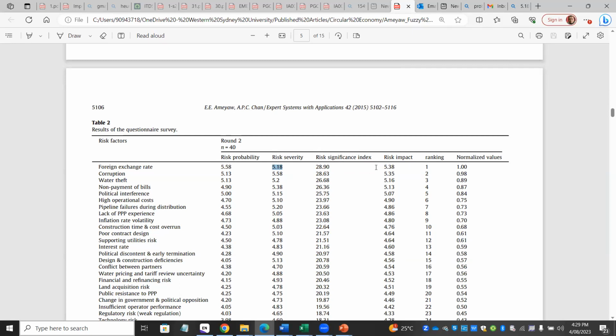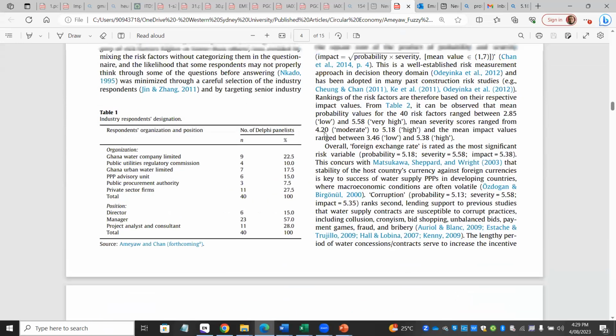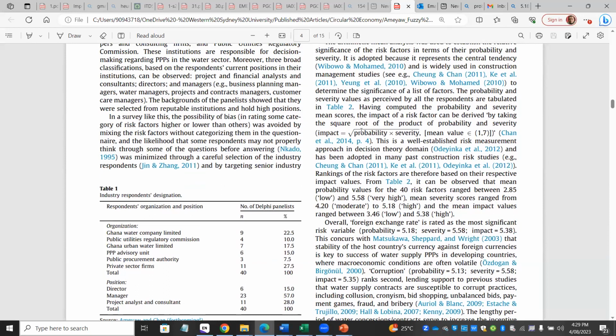To get a risk impact or risk score, you have to find the square root of the risk significance index. That is why he gave this formula, which demonstrates what I'm trying to say.